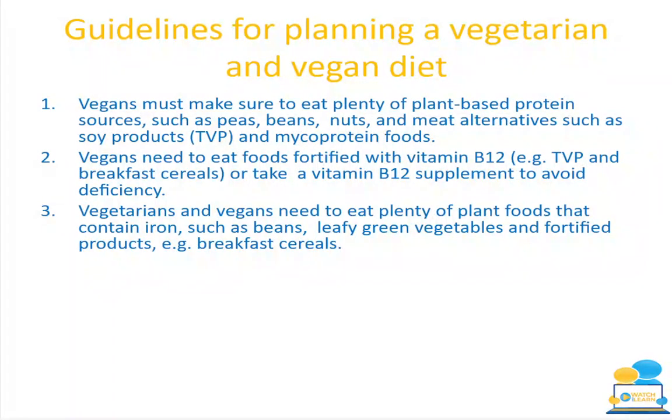Now, because they can become easily deficient in iron, which means you can become anemic, it means that there isn't enough oxygen binding to your red blood cells, okay, to your hemoglobin, so then you aren't getting enough oxygen being circulated around the body.